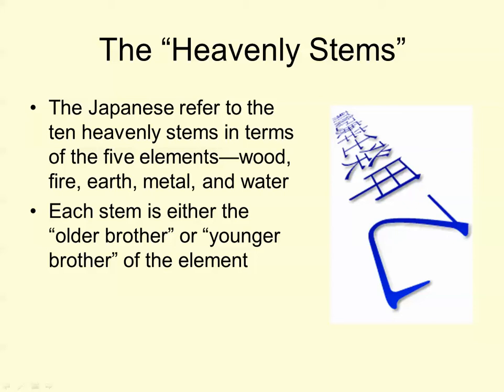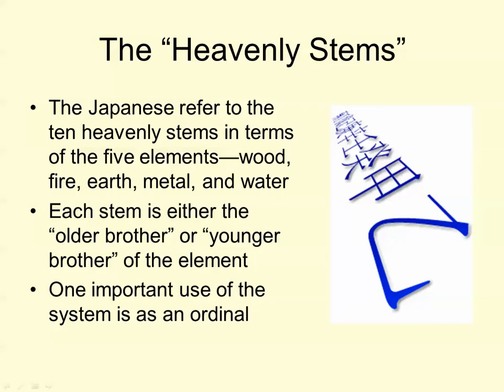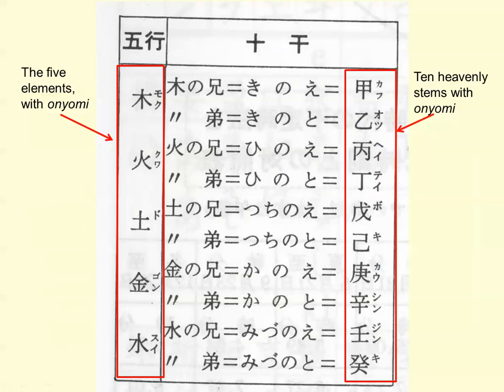You've got 5 elements and you've got 10 heavenly stems. I'll put these all together for you on the next slide on a chart. I should also mention, and we're going to come back to this when we do ordinal systems, that an important use of the heavenly stems is not just in the sexagenary cycle, but also as an ordinal system.